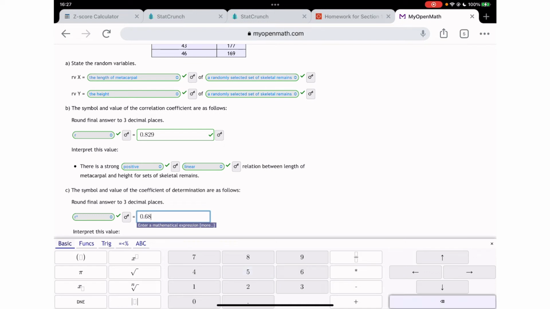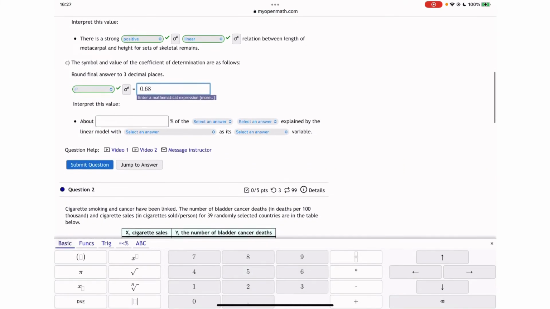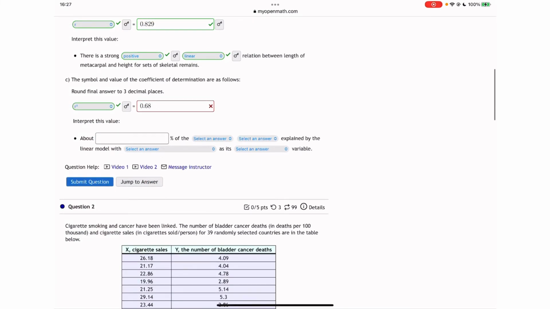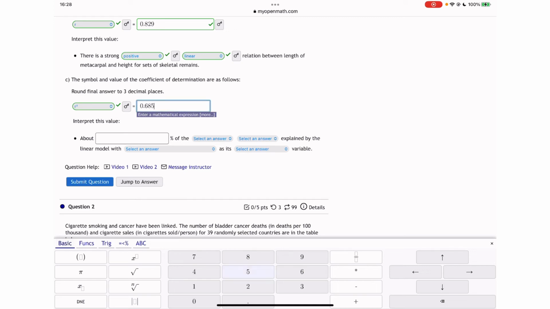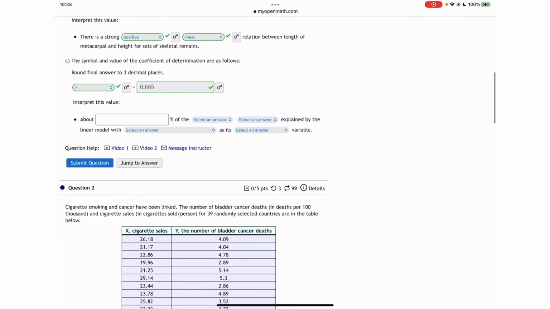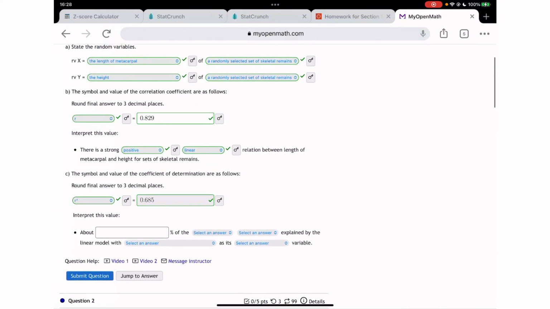Okay, let's see. No, I didn't put 5. Let me put 5. Wow, I have no words. So the 0.829 I took from StatCrunch output on desktop, and the 0.685 from the iPad is the one considered correct.